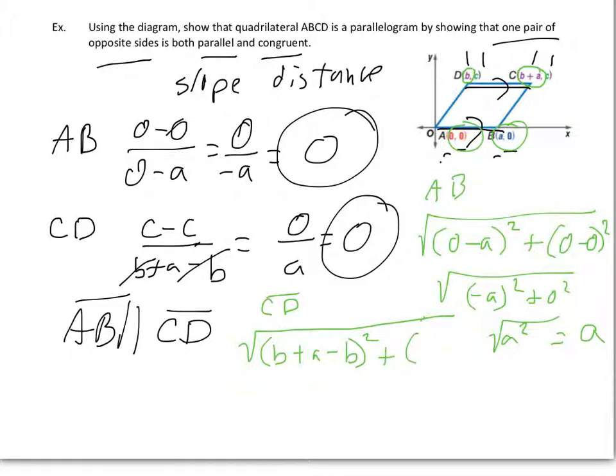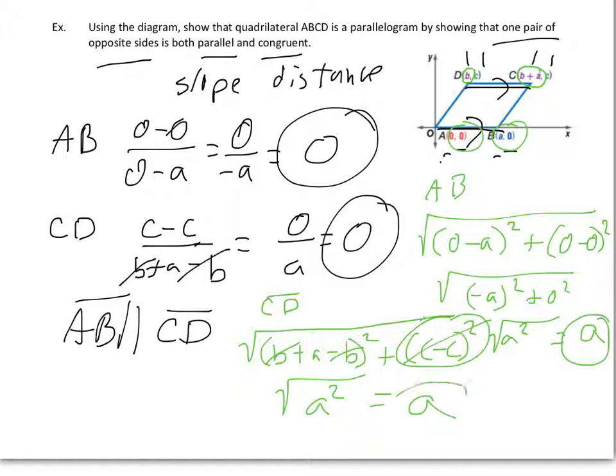Plus the y-coordinates, which are both C, so it's just C minus C squared. This ends up being 0 squared, so that is eliminated. If I combine like terms, B and negative B, we end up again with A squared, which is A. The distance of both segments is the same, therefore AB is also congruent to CD.